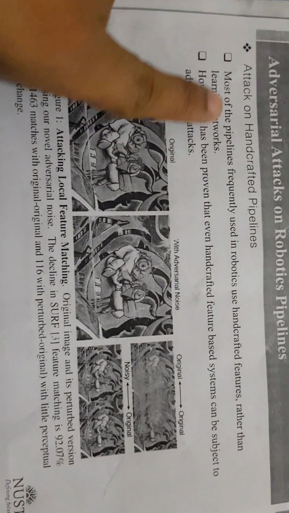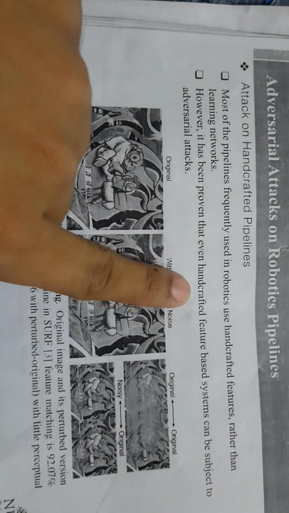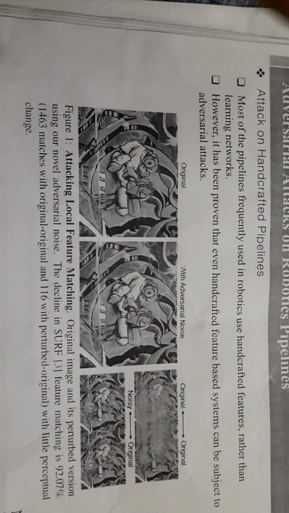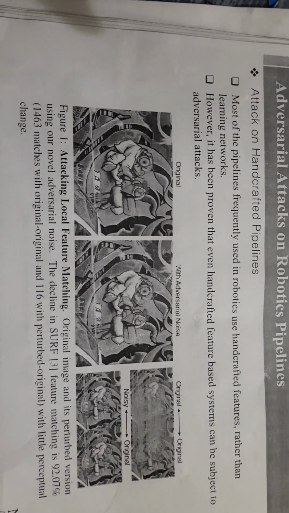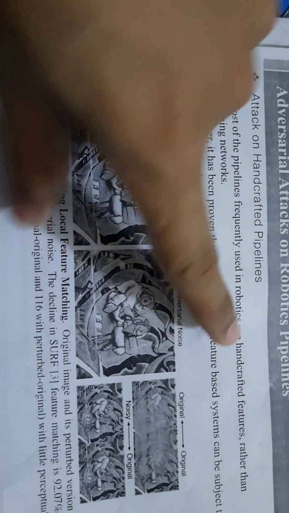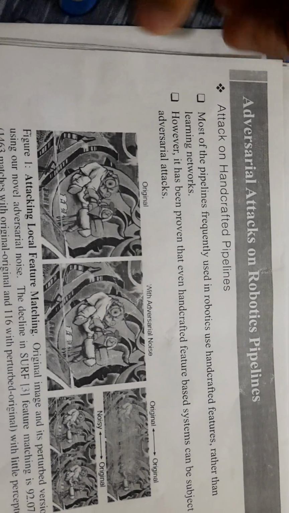Okay, so usually machine learning or learned features are easily manipulated; you can easily add adversarial noise to the features learned by your machine learning model. But handcrafted features like SURF, SIFT, or FAST can be deceived too.